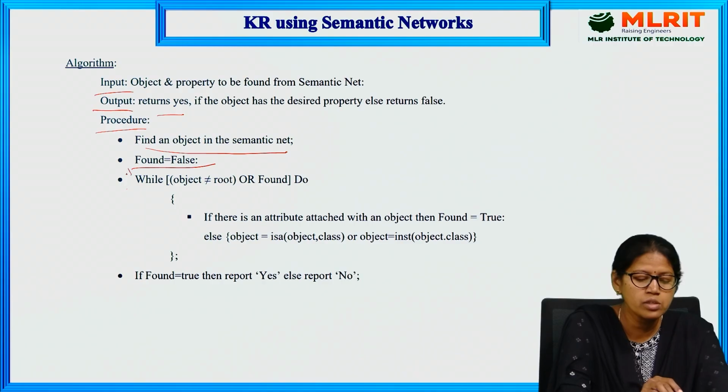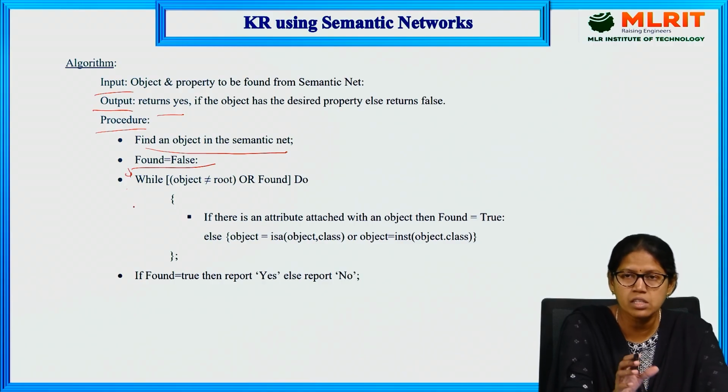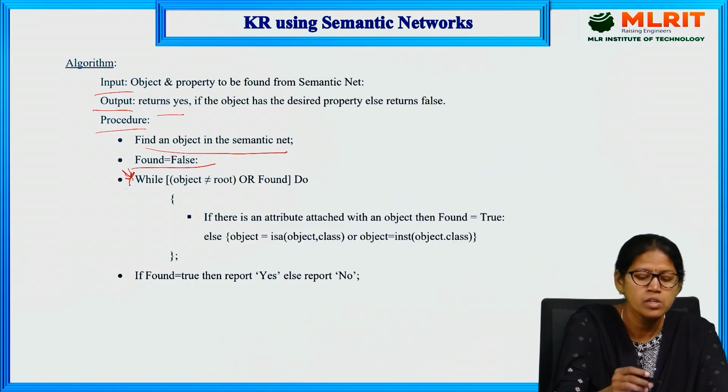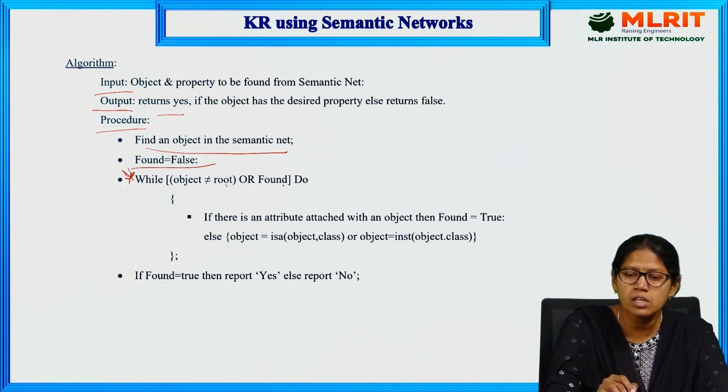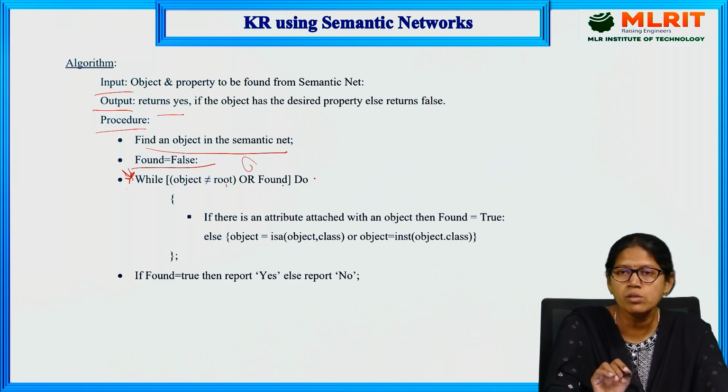Next, we need to check the condition, keep on until the particular object contains the property or not. That's why we are taking the help of a while loop. So here the condition is object not equal to root and found equal to false.